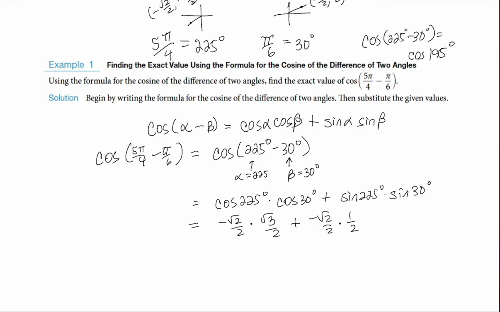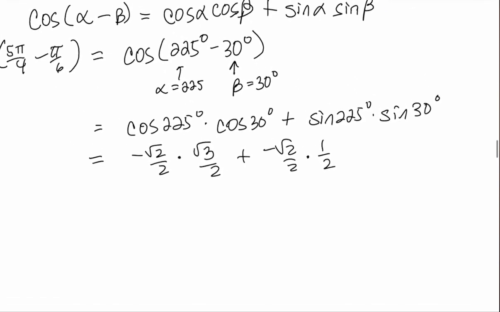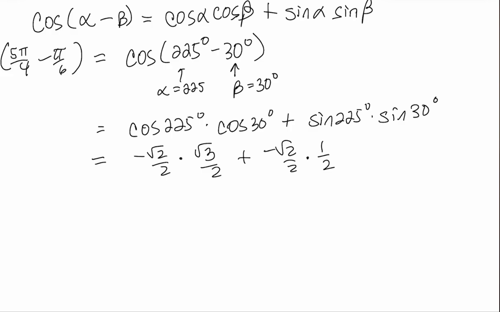That being said, order of operations tells us that we must do multiplication before we're allowed to do addition. So to multiply fractions, just multiply tops with tops and bottoms with bottoms. Radicals can multiply with radicals, non-radicals can multiply with non-radicals. So I get negative square root of 6 over 4 plus negative square root of 2 over 4.